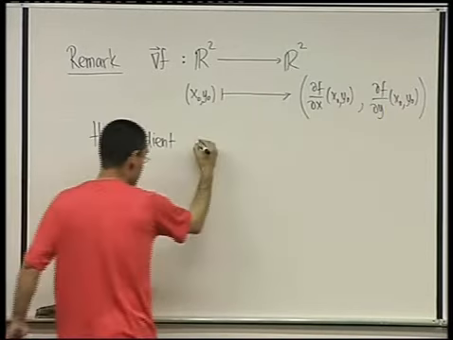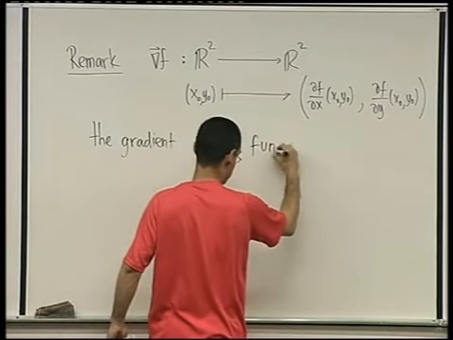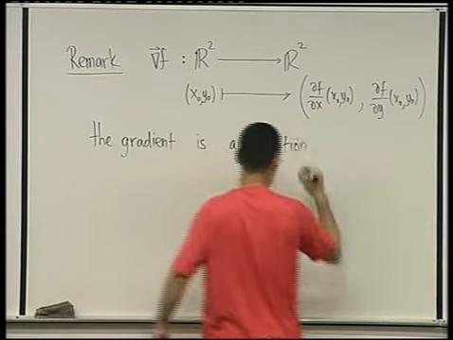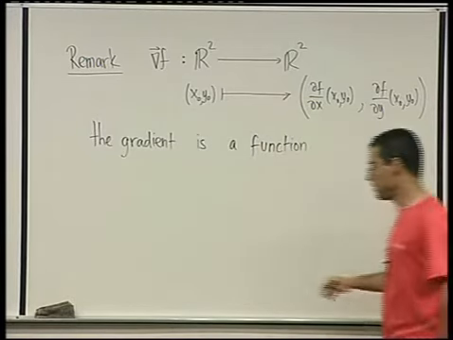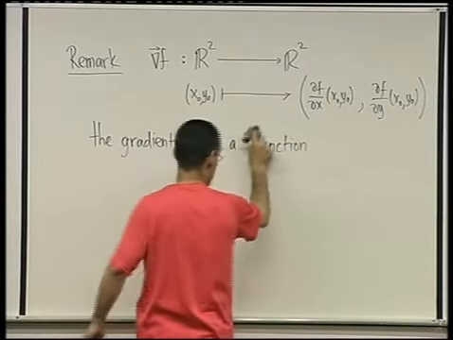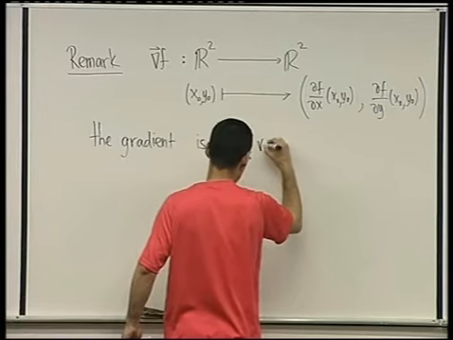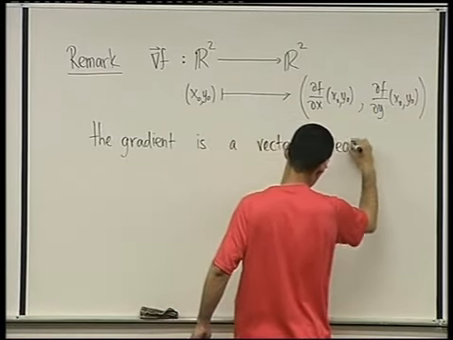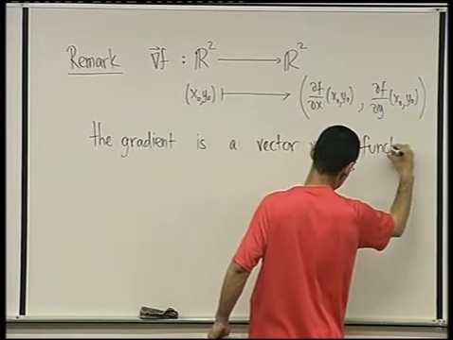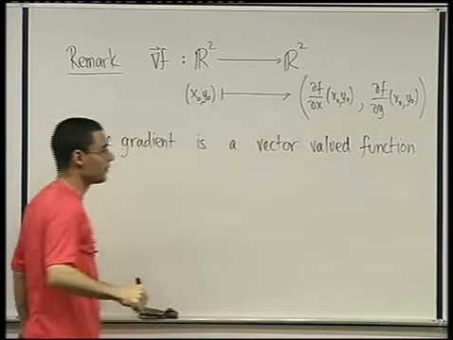But the gradient is a vector-valued function. Okay, let's maybe write that. Okay, so it sends vectors to vectors. Okay, it's a vector-valued function. Okay, it sends vectors to vectors.